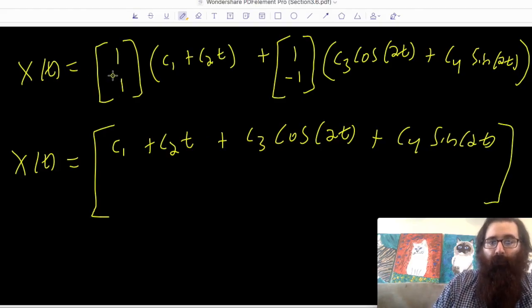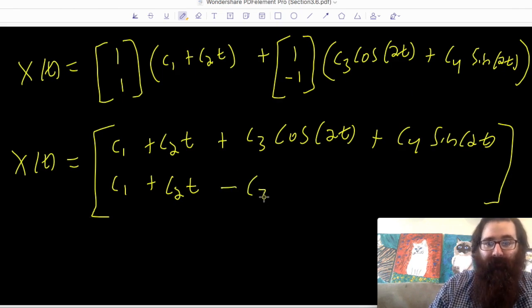And then for the bottom row, it's 1 times my linear function, which is c sub 1 plus c sub 2t, and then minus 1 times my sinusoidal function, so minus c sub 3 cosine 2t, and minus c sub 4 sine of 2t.